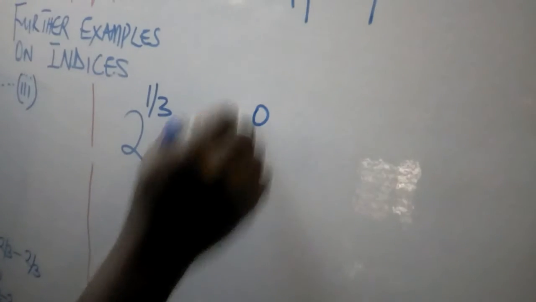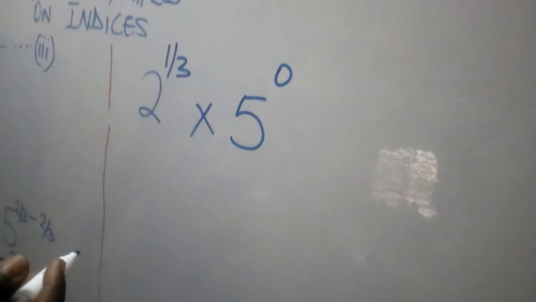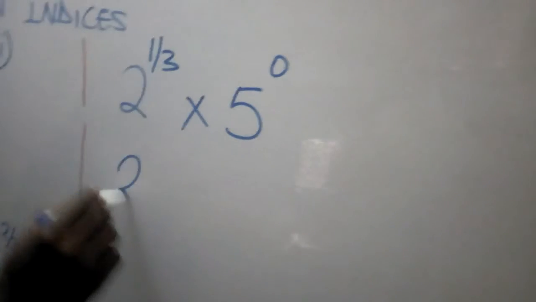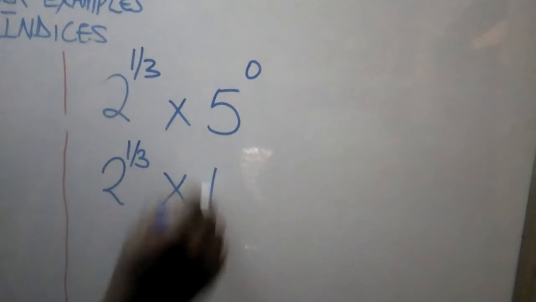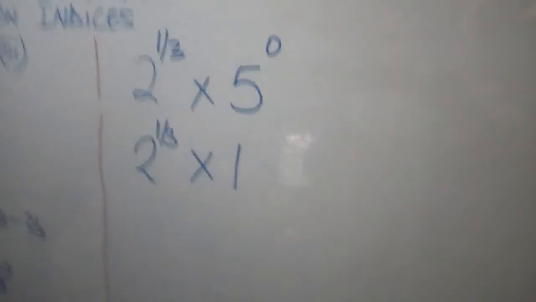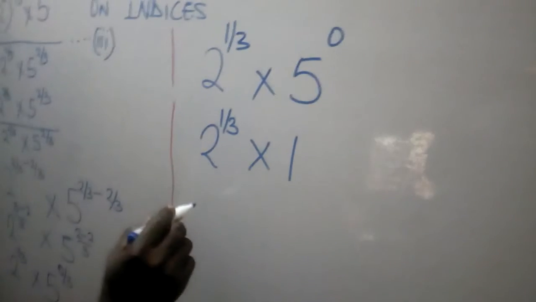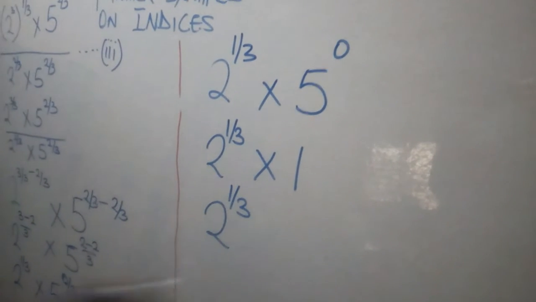So you now have 5 raised to the power of 0. In indices, anything raised to the power of 0 is what? Is 1. So what you now have is 2 raised to the power of 1 over 3 times 1. Because 5 to the power of 0 is 1. So 1 times this, you still have 2 raised to the power of 1 over 3.